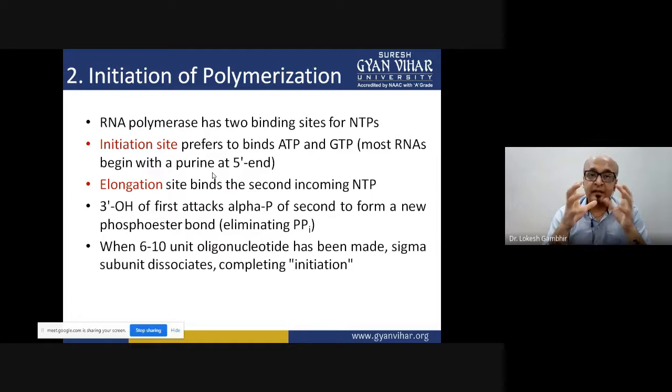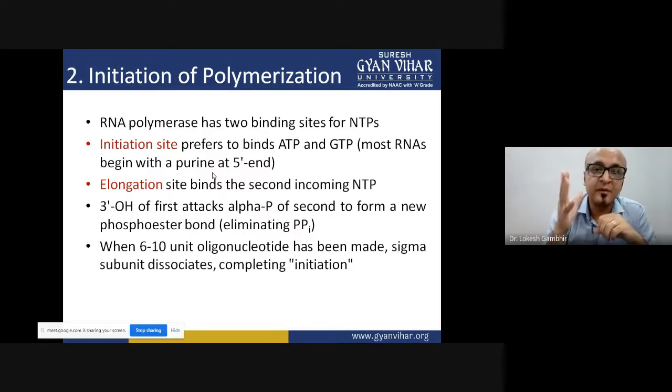Now, the RNA polymerase does not require any primer. Like in replication, which we have studied, there is a need for a primer. That's why primase was there. Here, there is no need. The RNA polymerase is able to synthesize an RNA molecule from scratch.